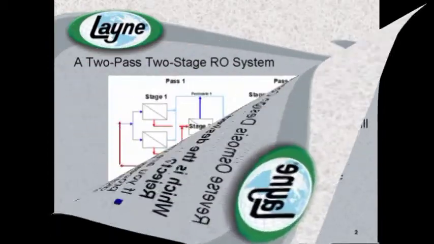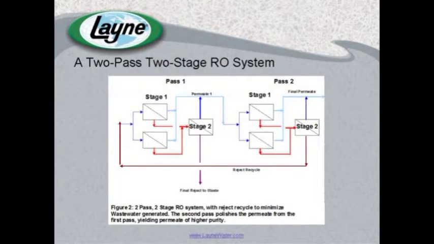In the next slide, you're looking at a two-pass, two-stage reverse osmosis system. And really the takeaway here is to understand the difference between a pass and a stage. Here's the real quick difference. You will add additional passes if you are trying to make a more pure permeate.